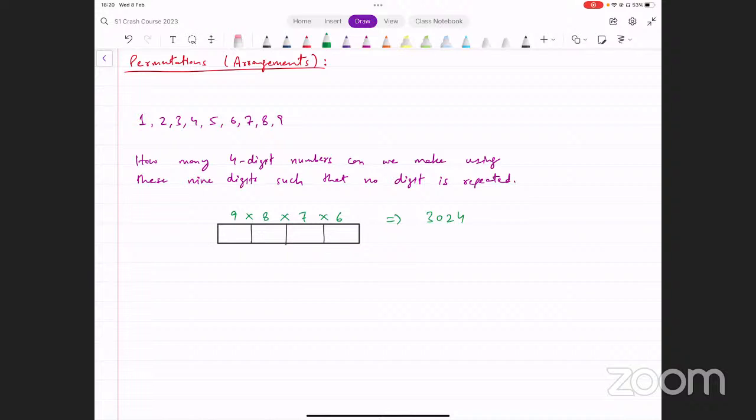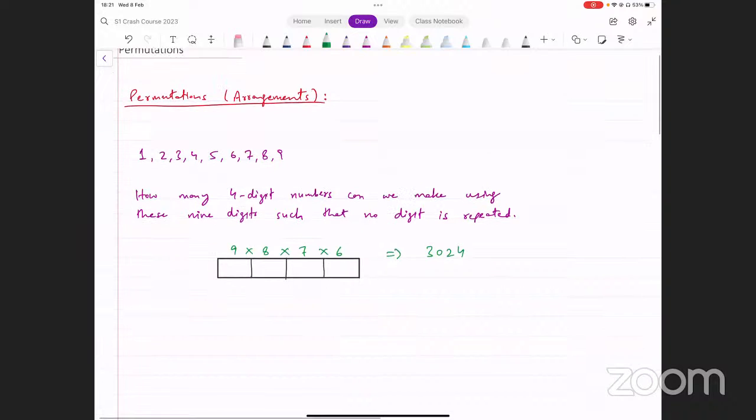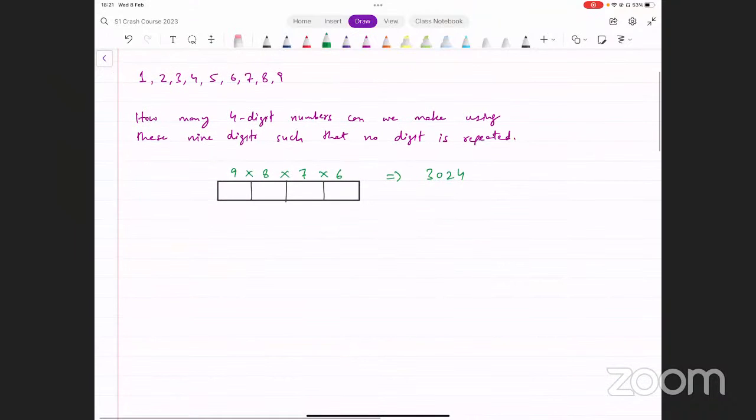Now, we could actually do the same thing using permutation notation. So you actually have a function called permutation, and it has a button on your calculator as well. Remember, in binomial expansion, we used something like this, nCr earlier.